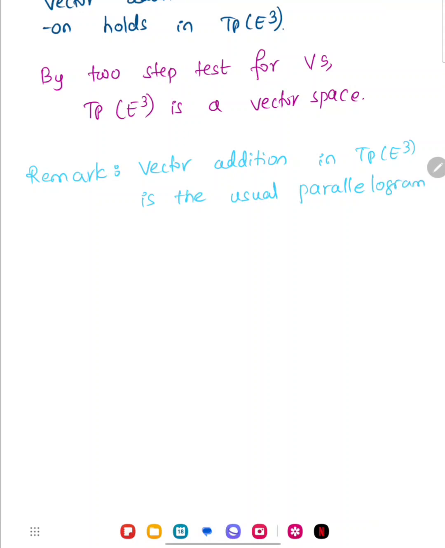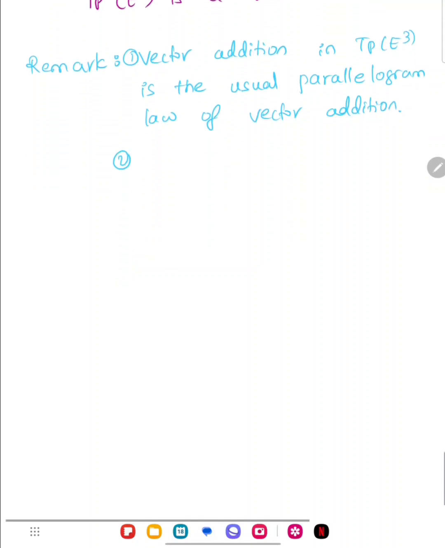As we have two vectors, for addition of two vectors we follow the parallelogram law of vector addition. And what will the operation of scalar multiplication do?